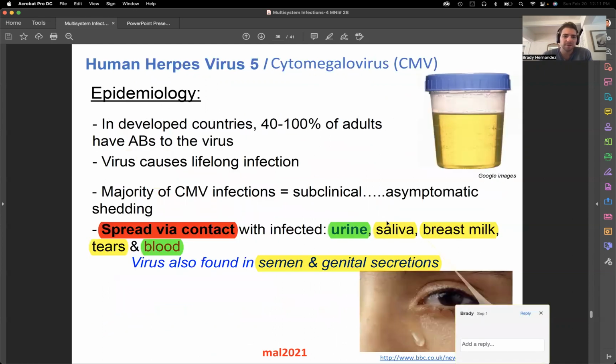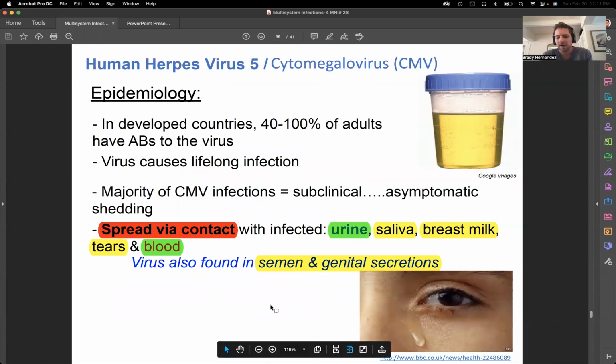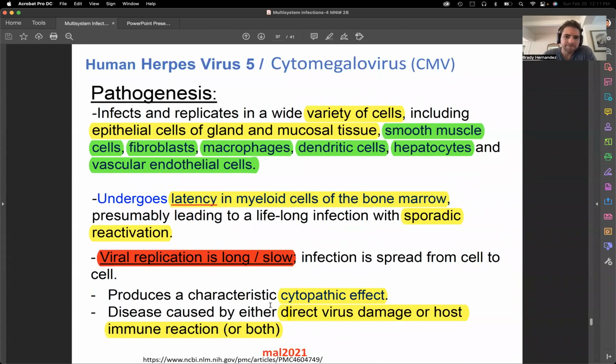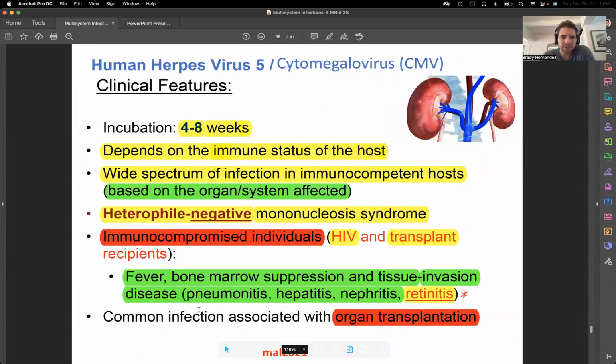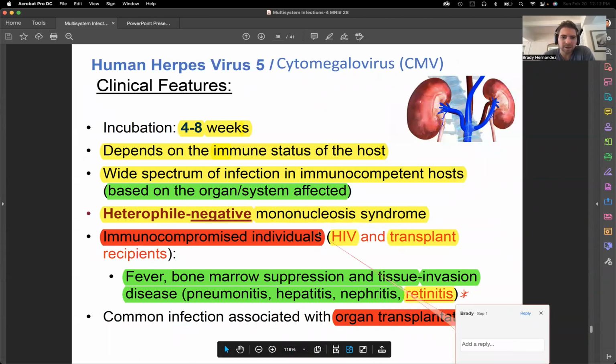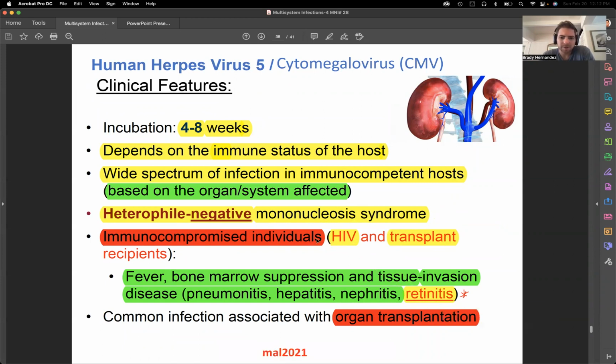All right, and here's CMV, right? So we know it can be spread all kinds of different ways. You're specifically worried about those AIDS patients, the CD4 count under 50. Right, and here you go, heterophile negative mononucleosis symptoms. Again, you're worried about these individuals. We talked about it in kids, the retinitis, it can cause that as well.